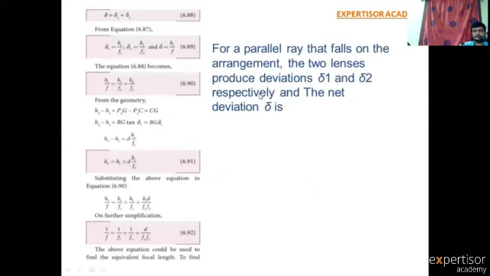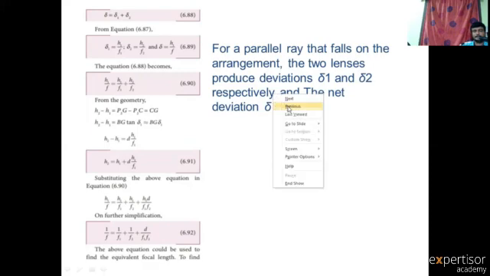In this video, we discussed the focal length for the combination of two lenses at a distance d, that is 1 by f equal to 1 by f1 plus 1 by f2 plus d divided by f1 f2.